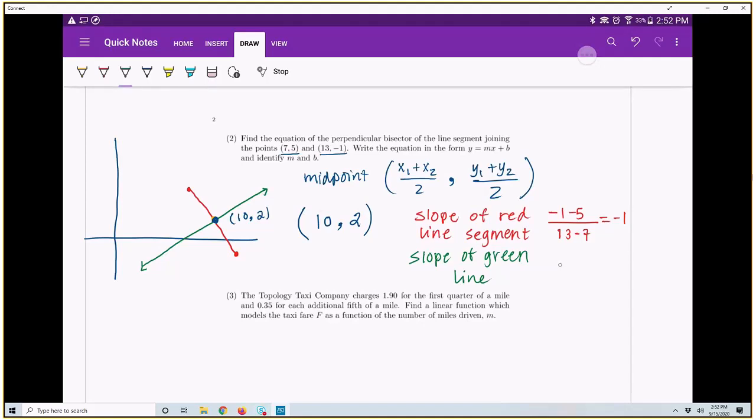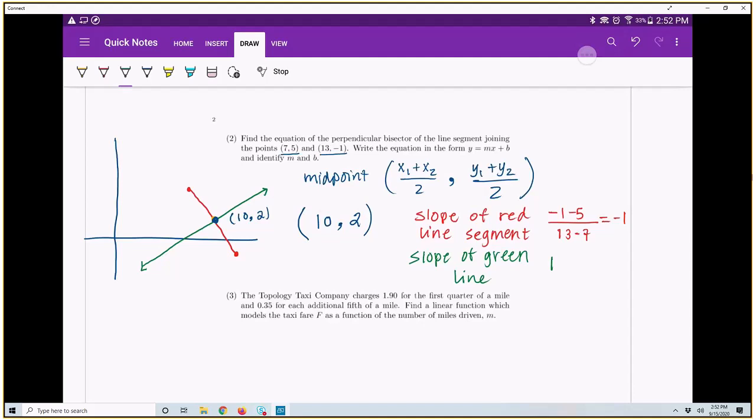So the slope of the green line should be 1 because I changed the sign from negative to positive and I flipped it over, but since -1's reciprocal is -1, then when I make it positive, it's just 1. So I'm looking for a line with slope 1 that passes through the midpoint 10, 2.